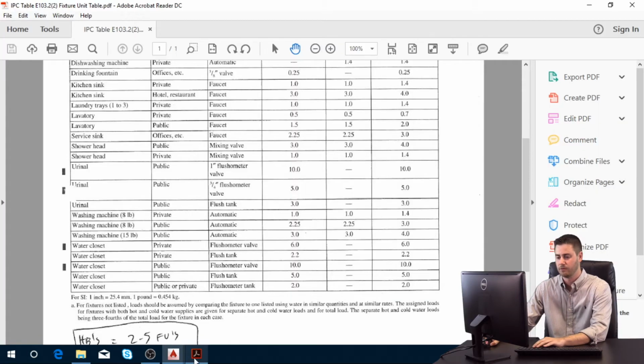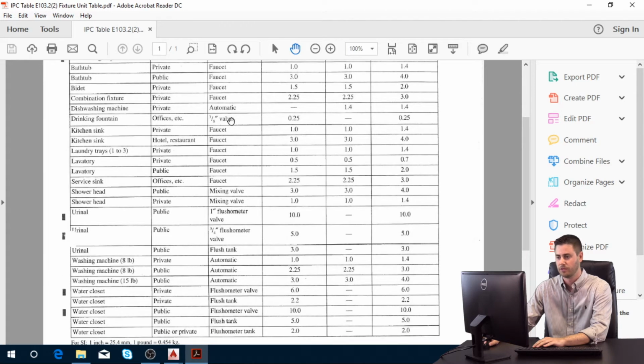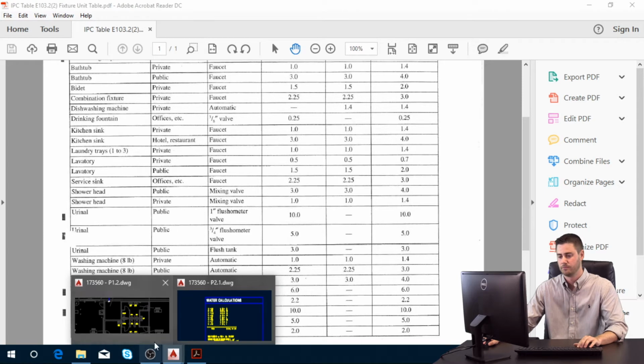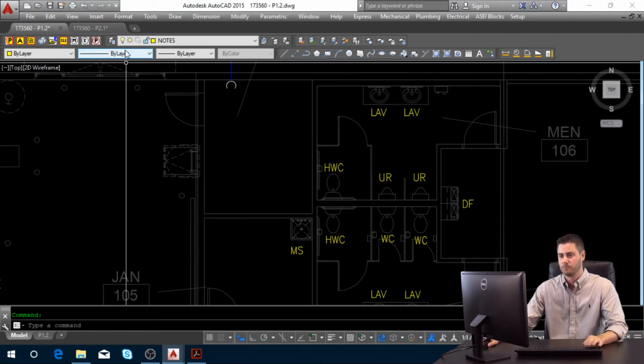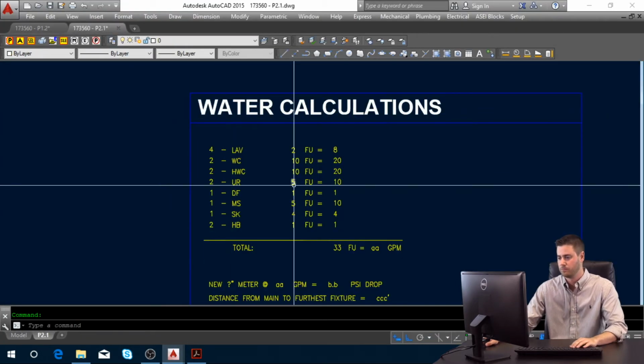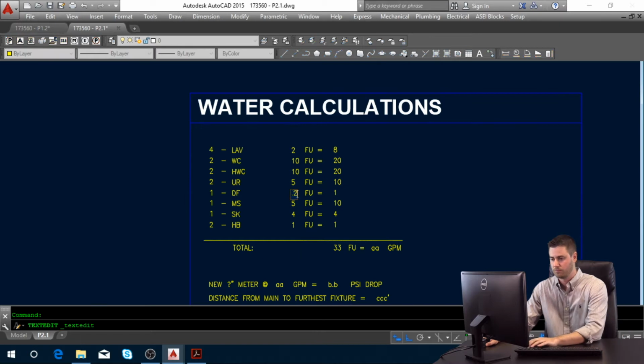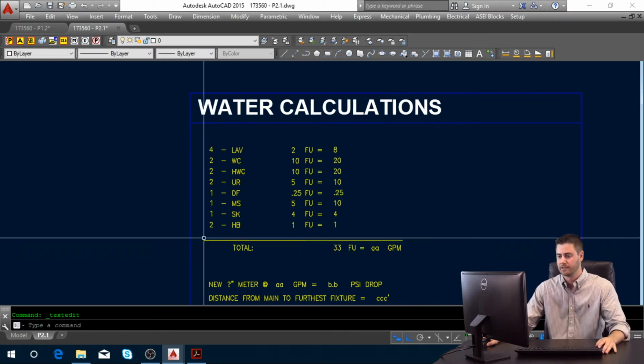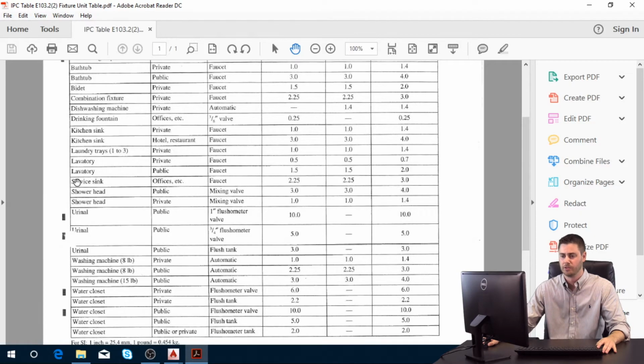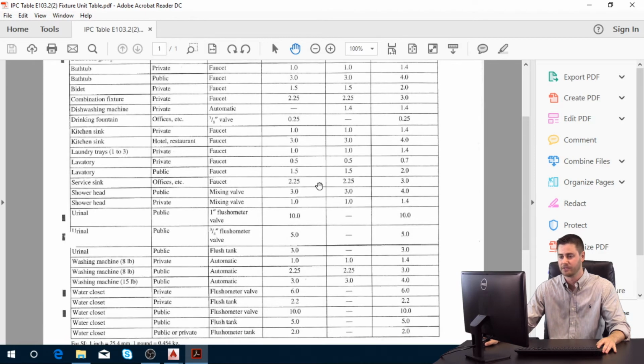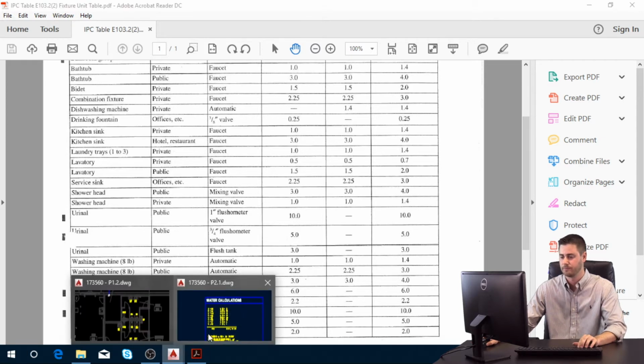Next, you go to your drinking fountain. Drinking fountain for offices, 0.25. Next is your mop sink, which according to the IPC is the same as the service sink for offices, and you have a total of 3 fixture units.